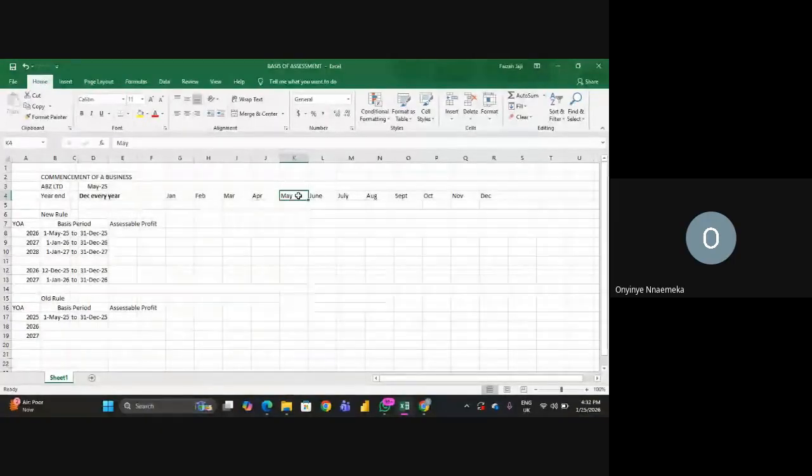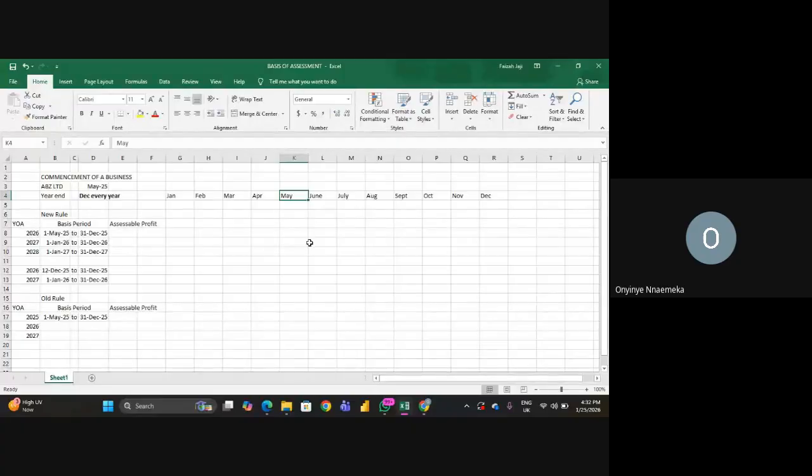So now, if the business starts in May, just follow my green cursor. I hope everybody can see the cell that the cursor is on, it has the green border. Just follow the movement and we count together, right? So we have May as the first month.